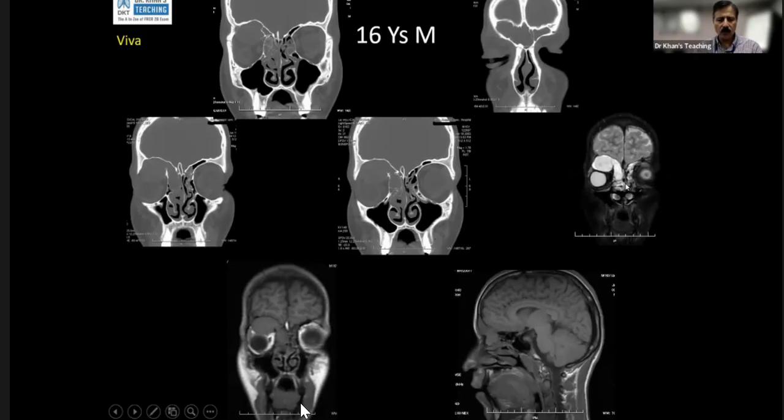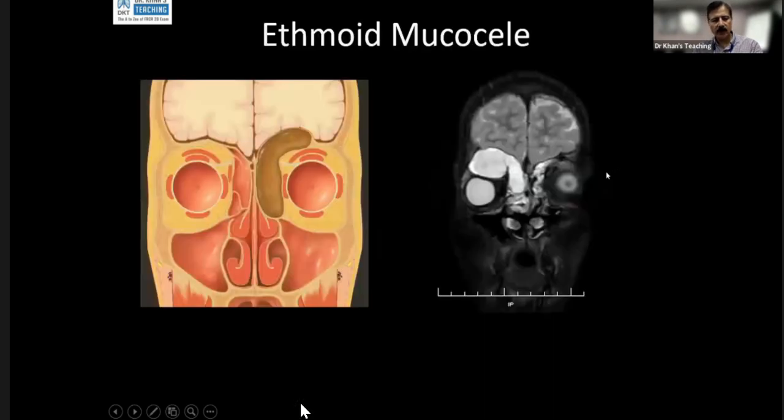It will cause expansion of the bone, and then rarefaction. So expansion tells you that something chronic is happening, and then you can see the rarefaction or dehiscence of the bone. So this is a mucocele, ethmoid and frontal, and this is from the book.